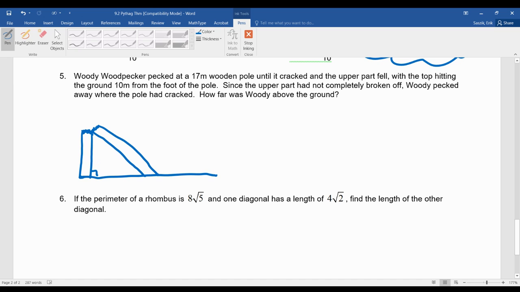So it made a right triangle, right? And this end hit 10 away from the pole. The pole was 17 meters high. So if that's x, this is the top part of the pole, that would have to be 17 minus x. You can do the little Pythagorean theorem now to solve for x. And then you can go ahead and do the rest of the sheet, check the answers with the document that I'll post.